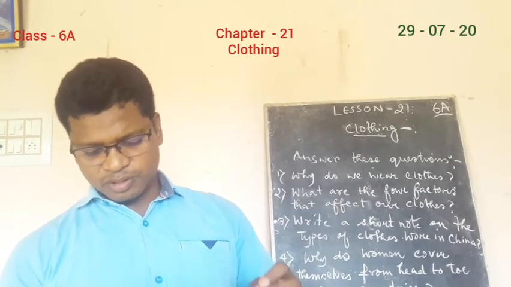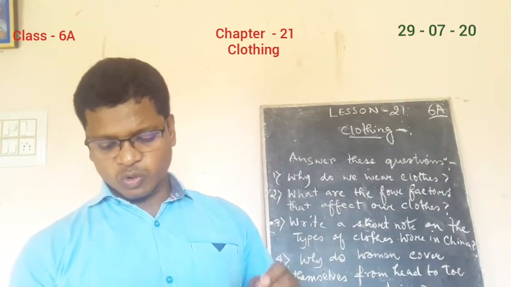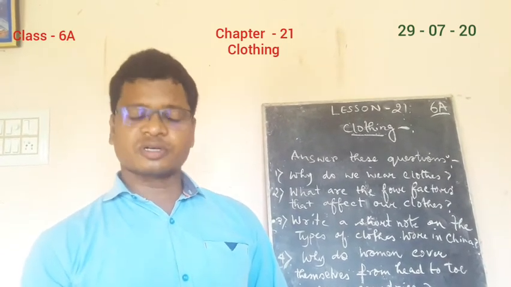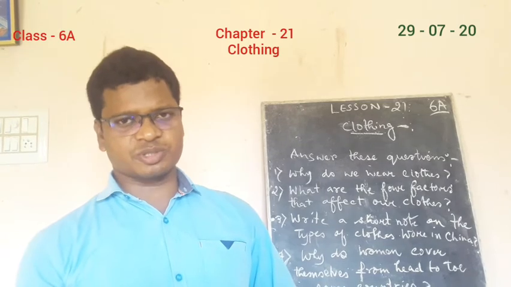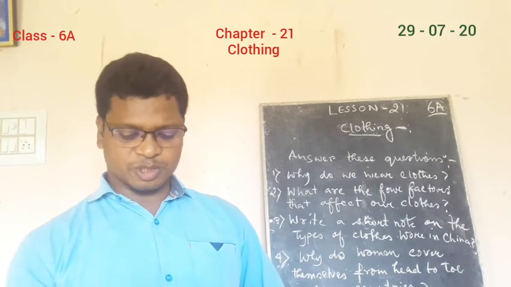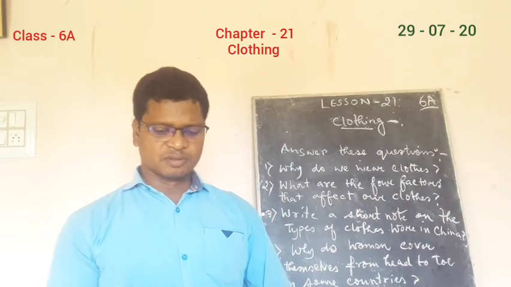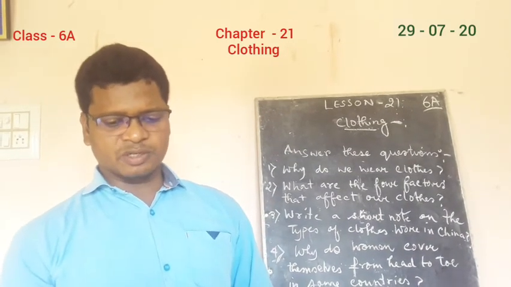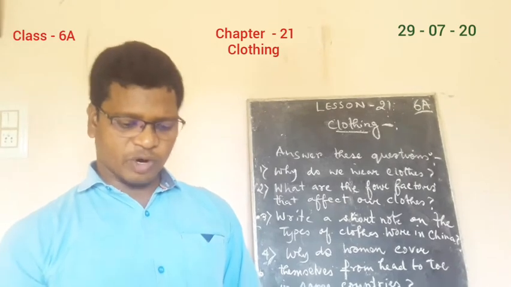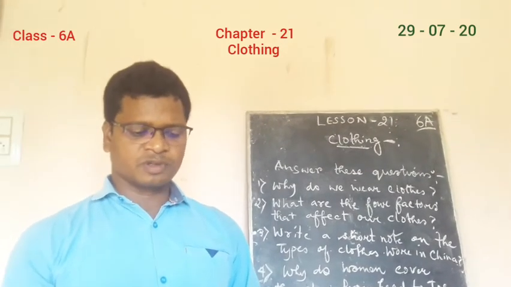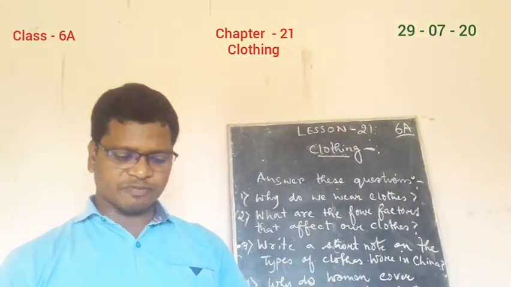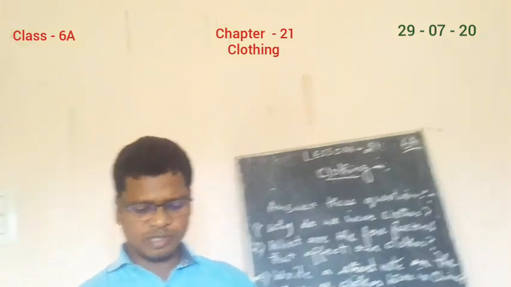Because of the very low social status compared to men. This is the reason that they cover themselves from head to toe. So we have seen several things here, like the purpose of wearing clothes, why clothes are worn, and the several types of clothes also.